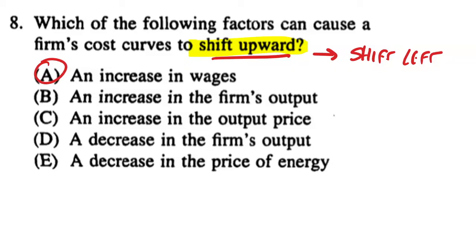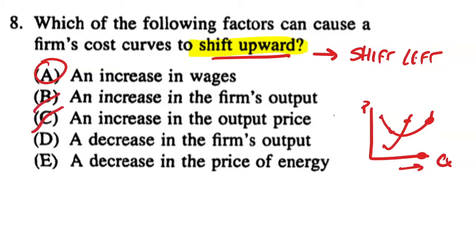The reason B is incorrect, an increase in the firm's output, is that if we just draw out our curves here, our marginal cost and our ATC and so on, and we just produce more, that isn't going to cause a shift upward. It just causes movement along the curve because we're just changing the quantity. Same thing with price for C, it's just going to cause movement along the curve.